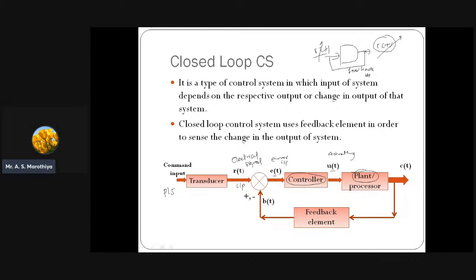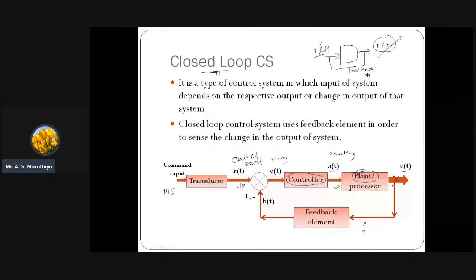Now this actuating signal is provided as an input to the plant, and it generates the final output in the form of response, that is the controlled output. And because this is a closed loop control system, it has the ability to sense changes in the output, so I need to provide a feedback mechanism. This is the feedback path.